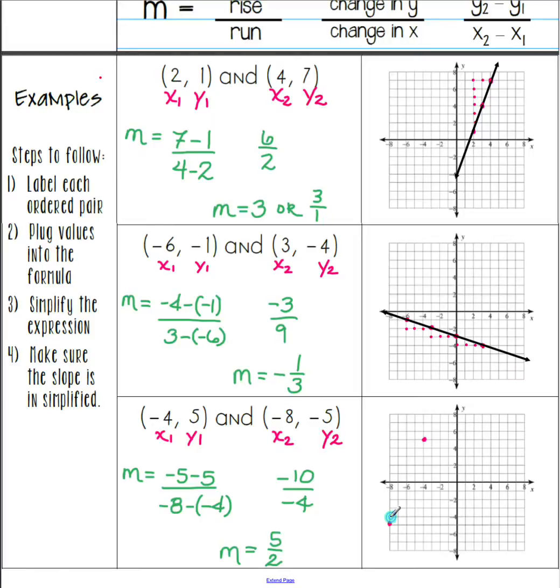And so we should be able to see if we go up 1, 2, 3, 4, 5, and over 2, and plot our point there, and up 1, 2, 3, 4, 5, and over 2, that we end up on our original point. And so we can also see from this that our slope is positive. So making sure that if we have a negative divided by a negative, that gives us a positive slope, that our line is going up from left to right.